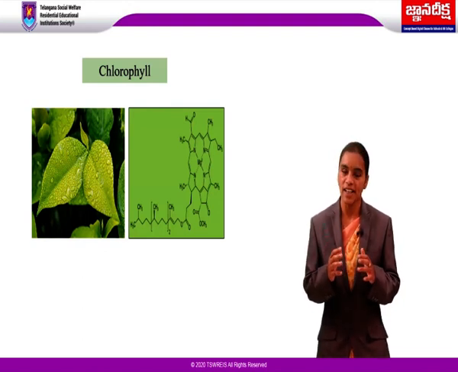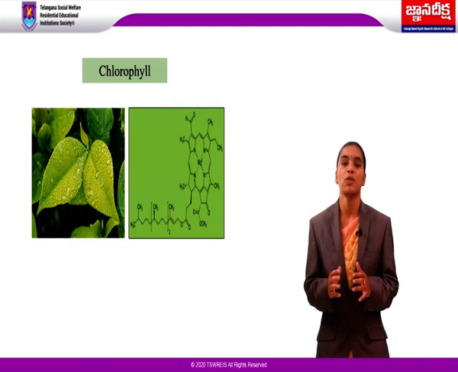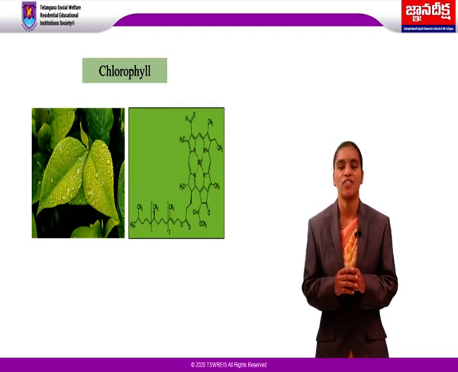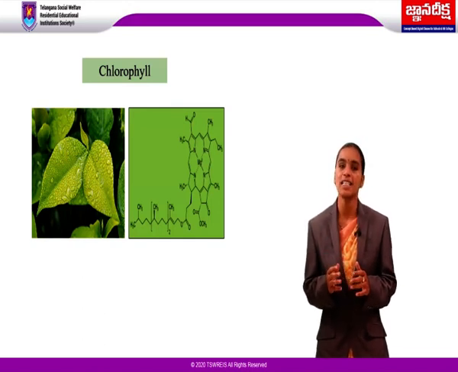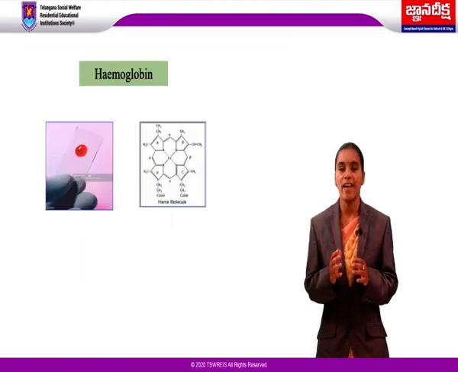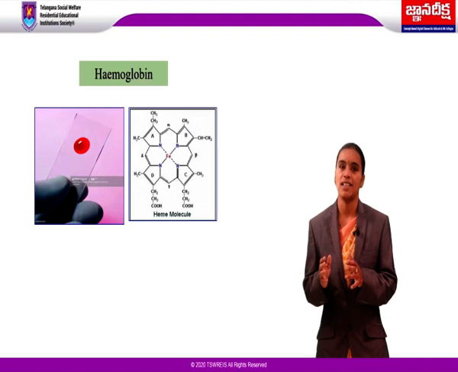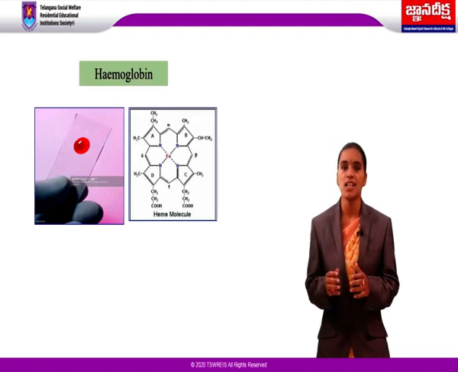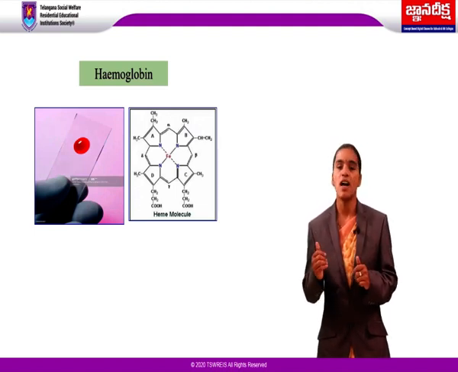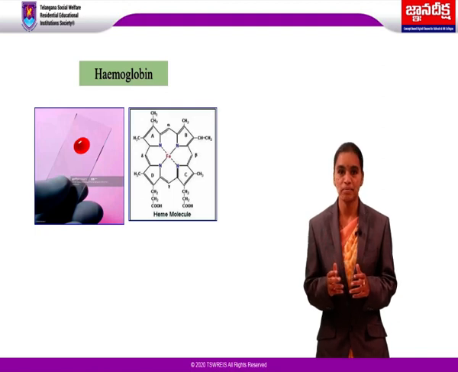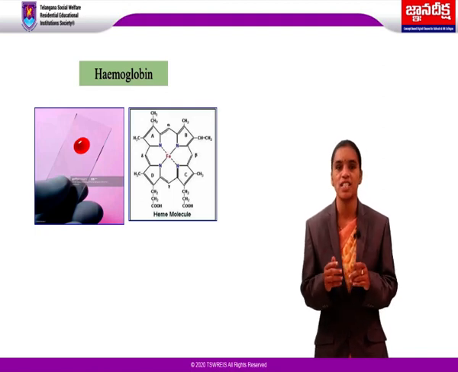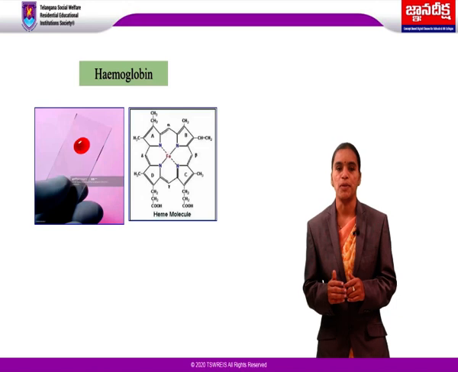It has a central metal ion Mg2+ surrounded by a porphyrin ring. This porphyrin ring is a polymer of pyrrole. And one more natural product is hemoglobin. It is an oxygen carrier and the red pigment present in human blood. This also has a porphyrin ring, which is constructed from pyrrole.